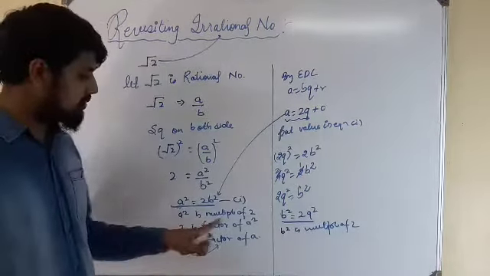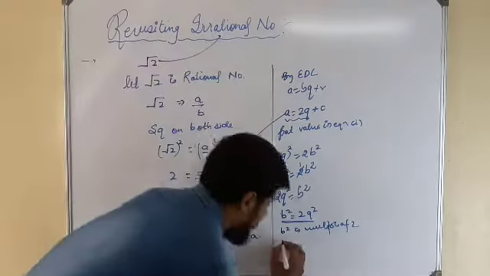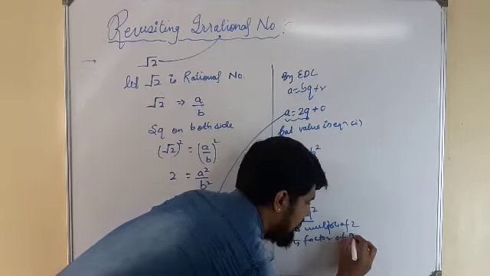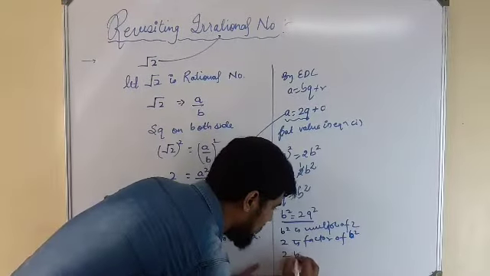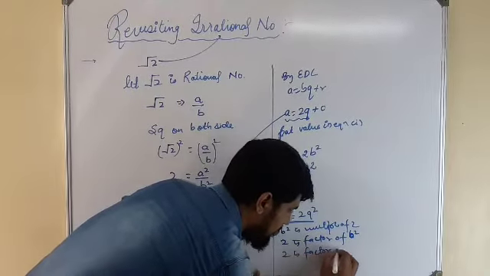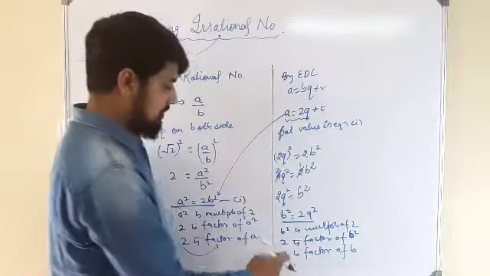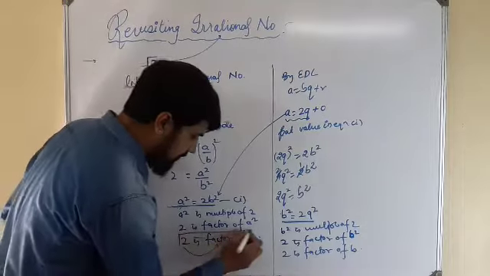Same as here we have written a square is a multiple of 2. Here also we can say that b square is a multiple of 2. That means 2 is a factor of b square. 2 is a factor of b square, then 2 is a factor of b also.